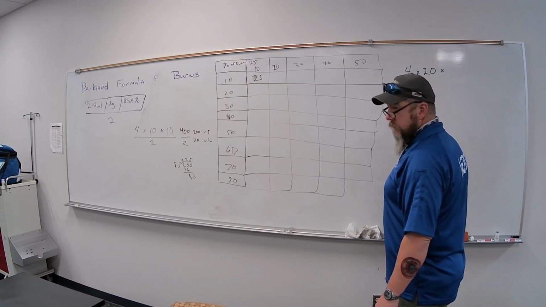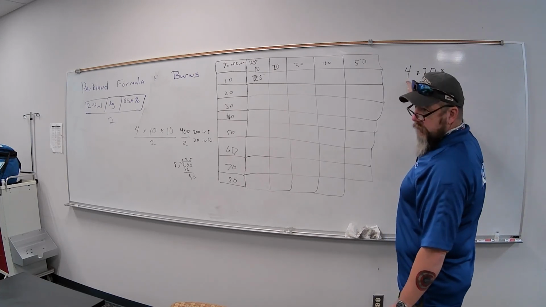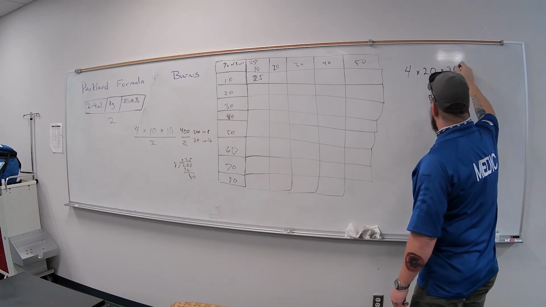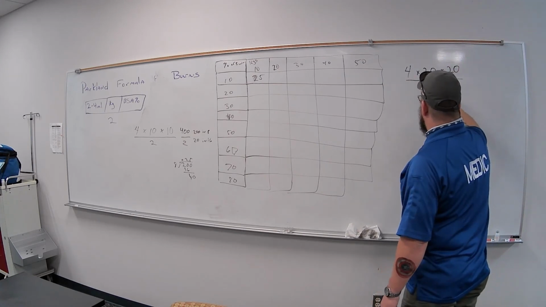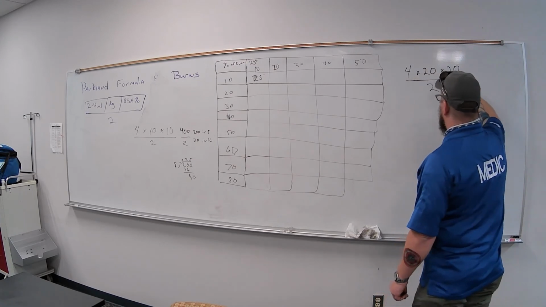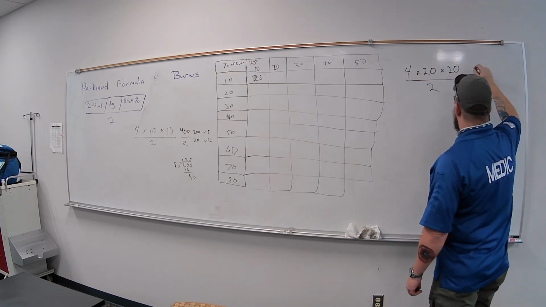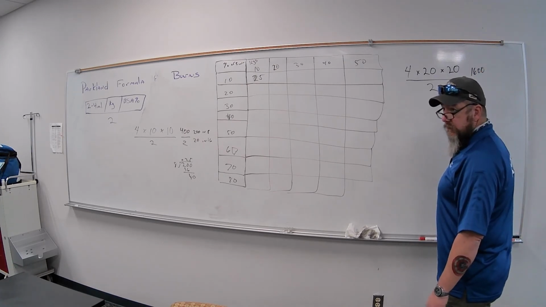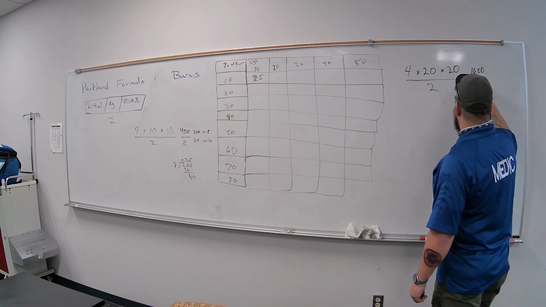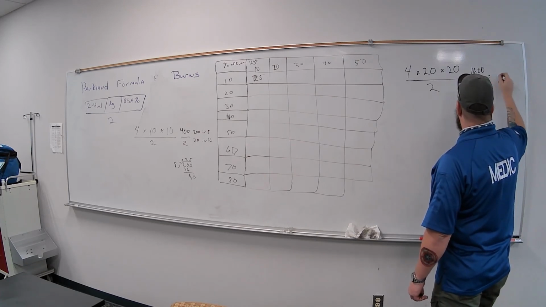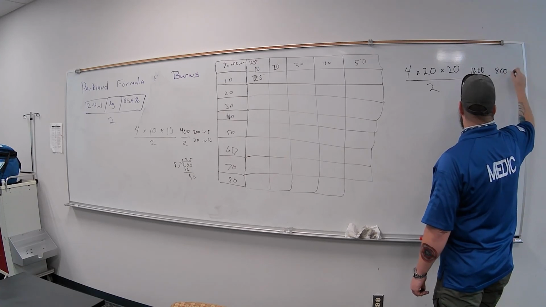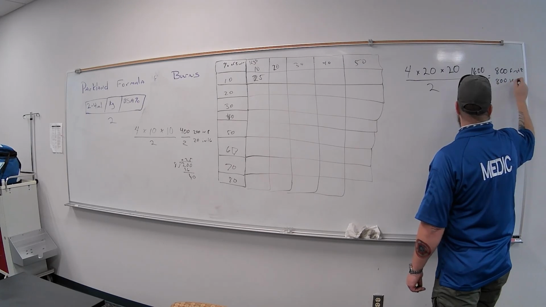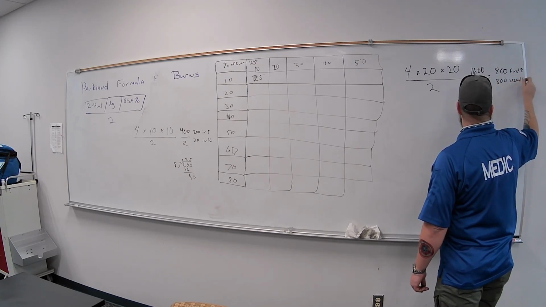So we're using the high end, that's 4 mL, 20 kilograms, 20% BSA. 4 times 20 is 80. 80 times 20 is 1600. Divide by 2 equals 800 in the first 8 hours, and 800 in the next 16.